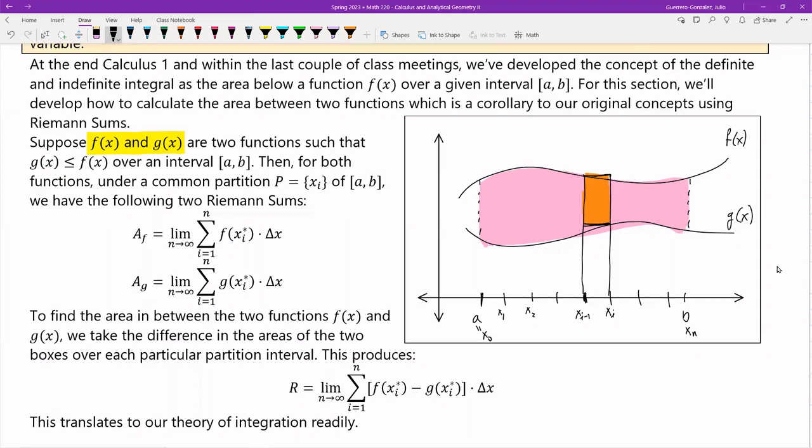We are dividing these up into regular partitions, so my delta x is going to be b minus a over n.